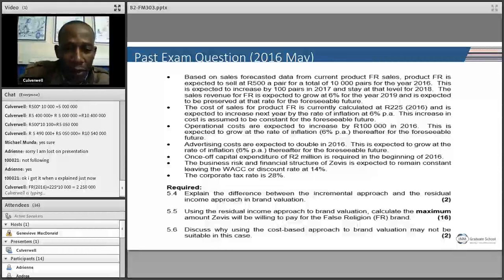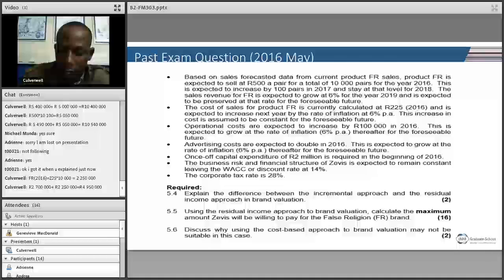Remember, cost of sales for Z in 2016 is given as 2.7. So I'll then say my 2.7 plus the one we just calculated now for FR, which is 2,250,000. That will give you the total of your cost of sales for year 2016, which is 2.7 plus 2,250,000.